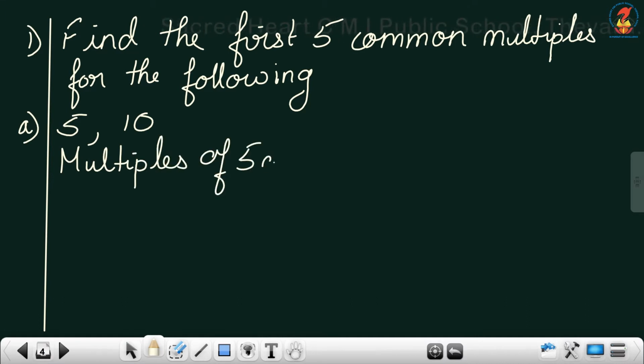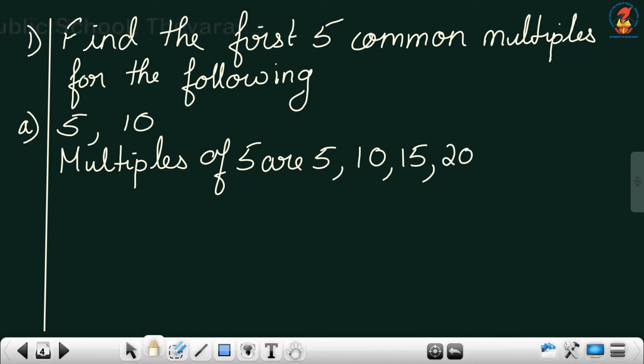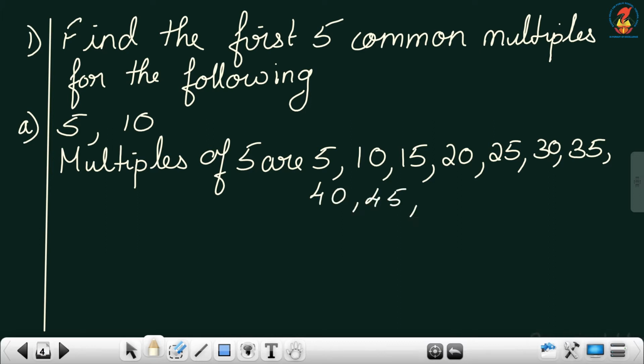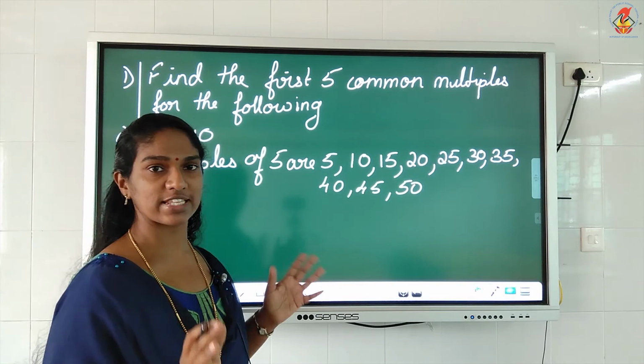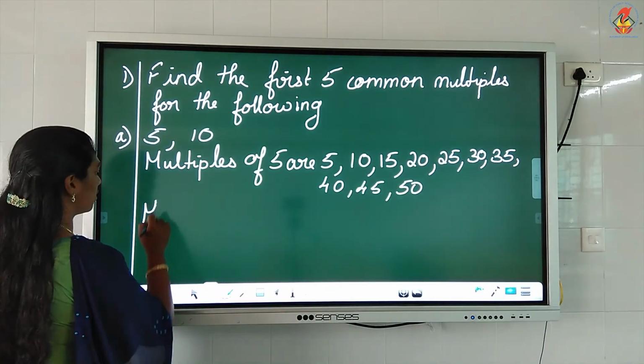Multiples of 5 are: 5 ones are 5, 5 twos are 10, 5 threes are 15, 5 fours are 20, 5 fives are 25, 5 sixes are 30, 5 sevens are 35, 5 eights are 40, 5 nines are 45, 5 tens are 50. Okay. For the timing, I am writing only till 10. If I need, I will extend. Next, multiples of 10.